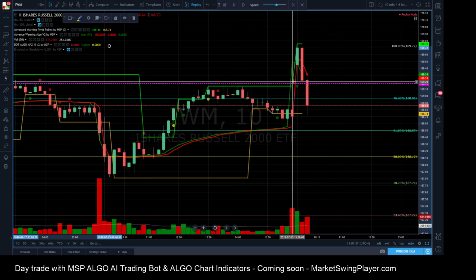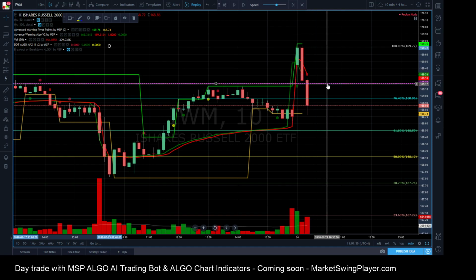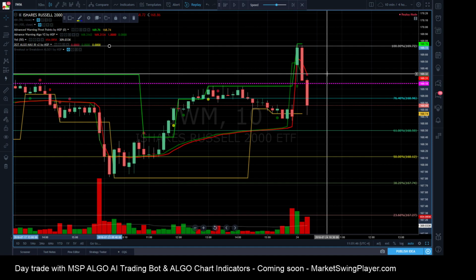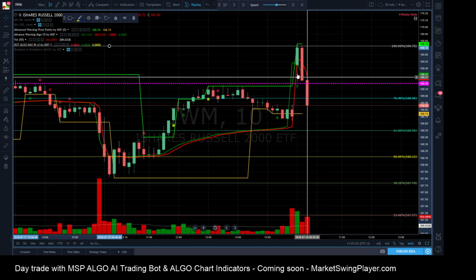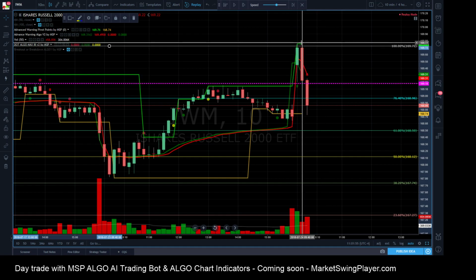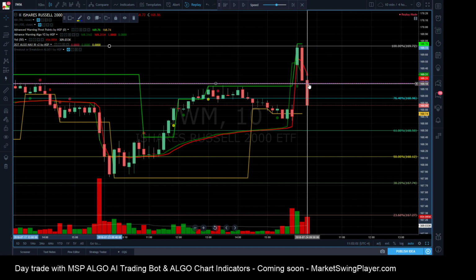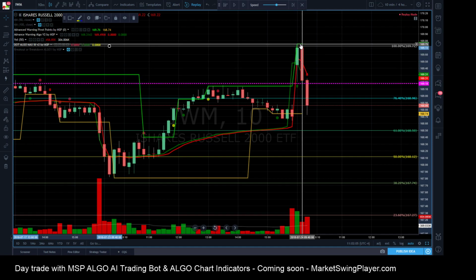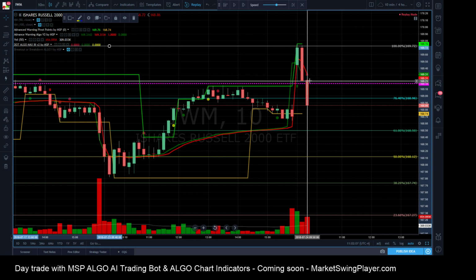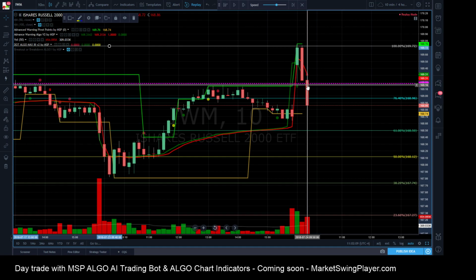Normally it'll probably chop for a little bit, but it broke the support. What I like to do is try to short the highest point of resistance as possible. It looked like this popped at the open, and then that selling commenced. So we actually got confirmation. It's just moving fast in this scenario, and it did break support.